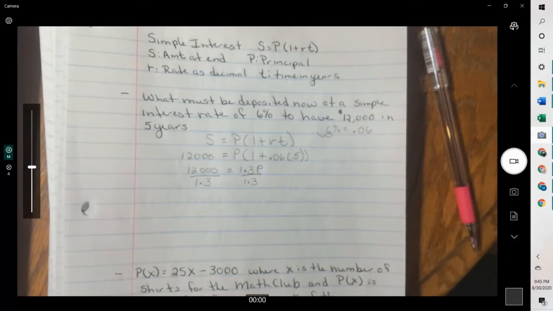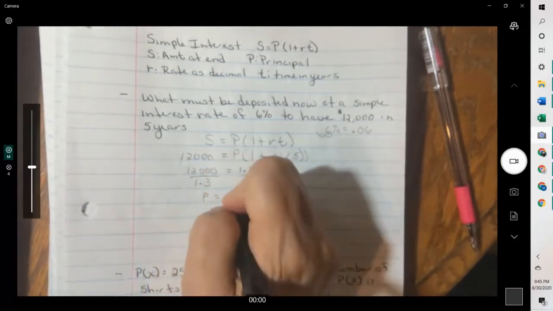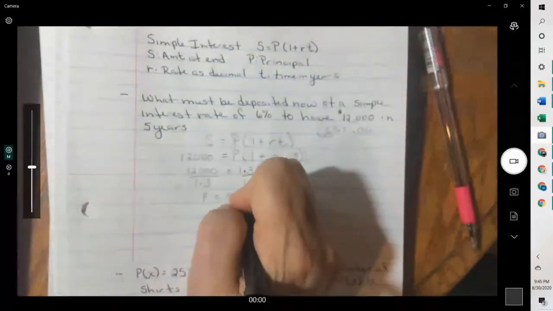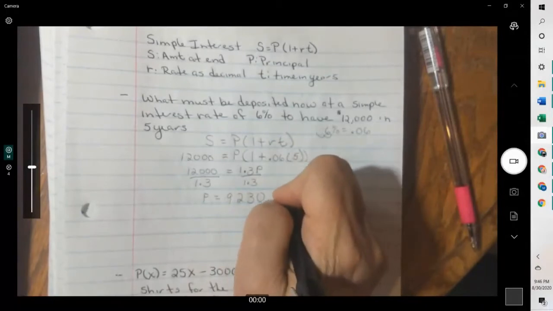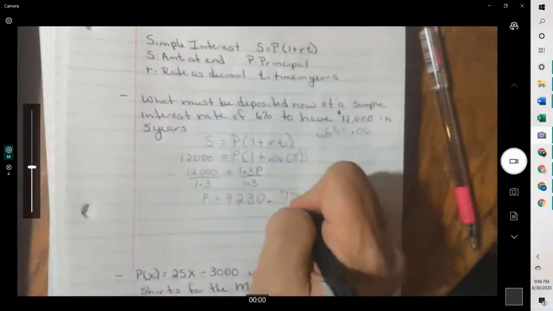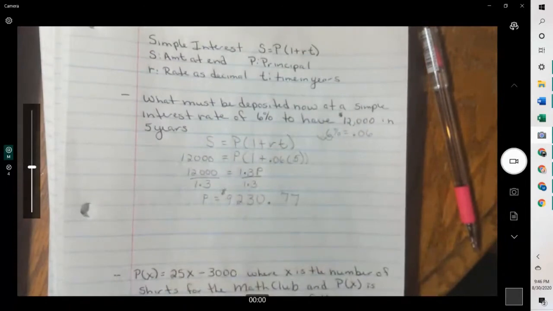And when we divide that, P equals $9,230.77, rounding to the nearest cent.